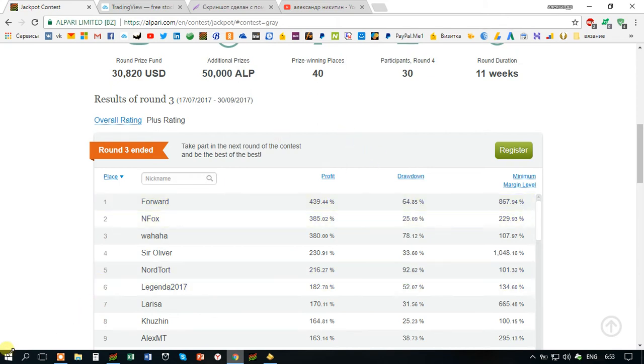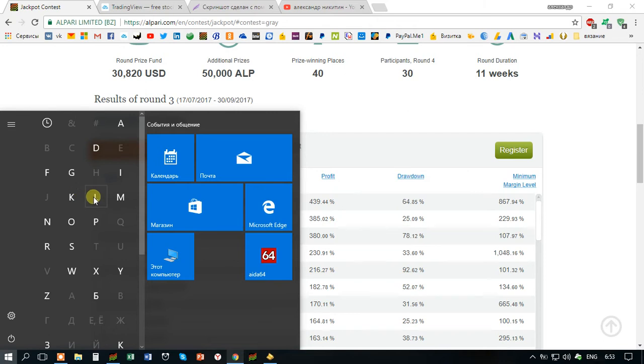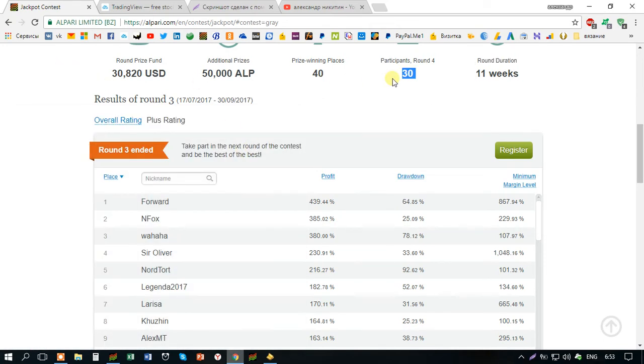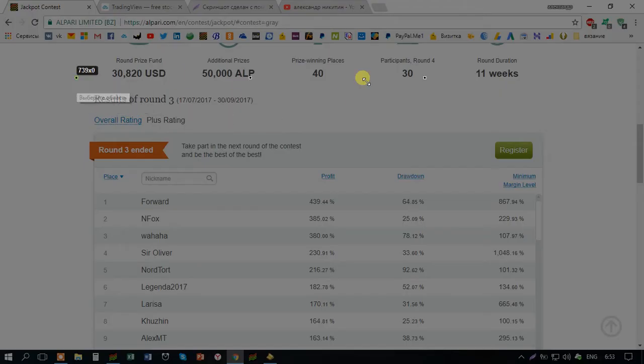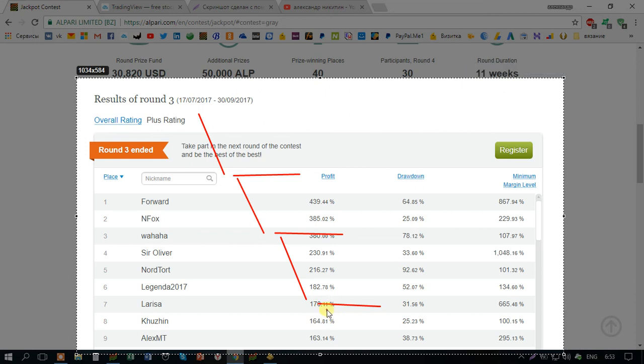Let's say price is moving lower and you buy it, it moves lower and you buy more, it moves lower and you buy more, and you never close them.